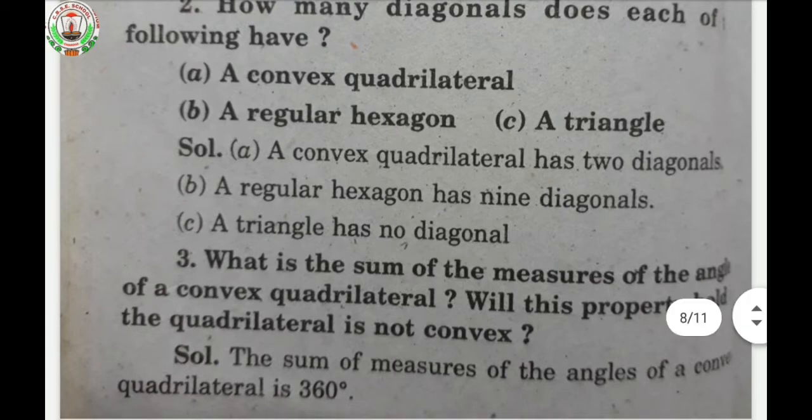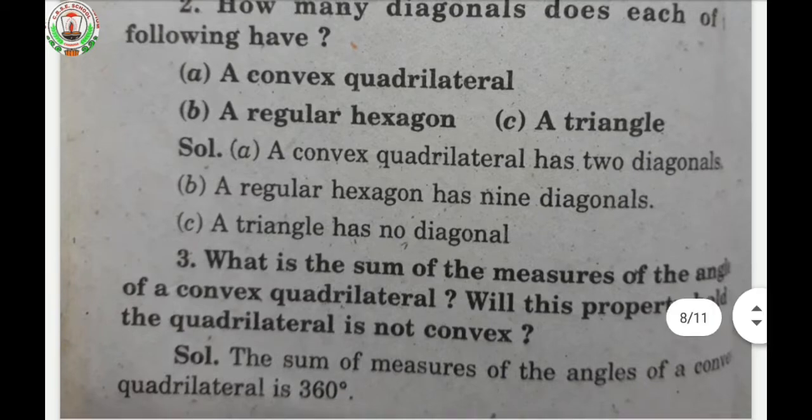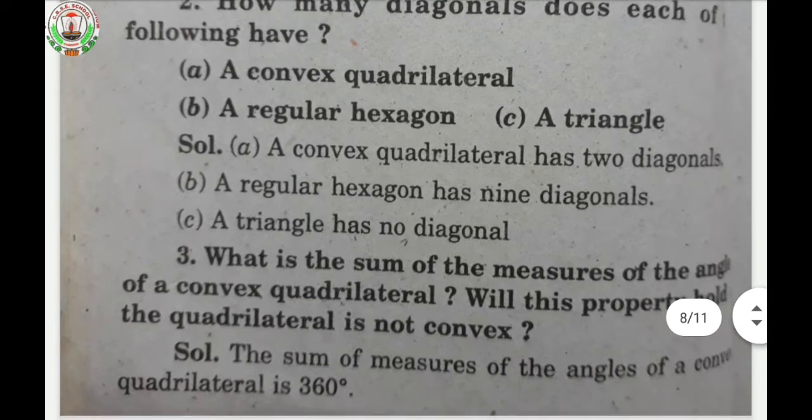So 3 into 6 upon 2. Solving it, 2 will cancel with 6 three times, so 3 into 3 will be 9. So how many diagonals is a hexagon having? That is 9 diagonals.